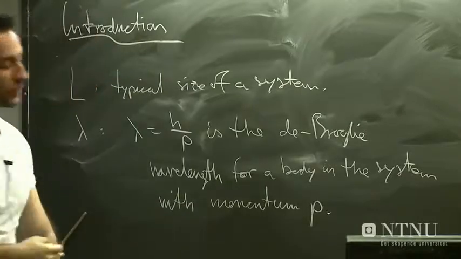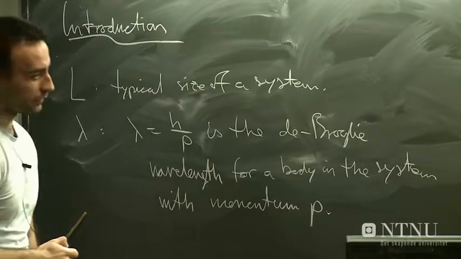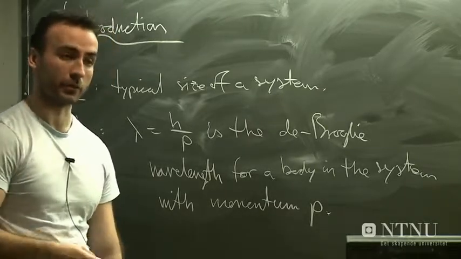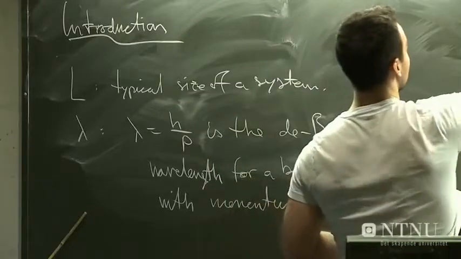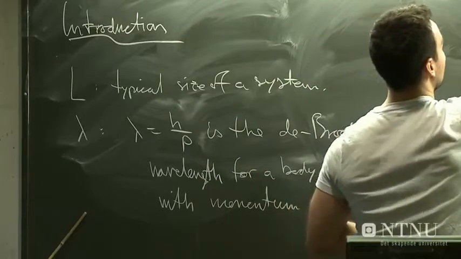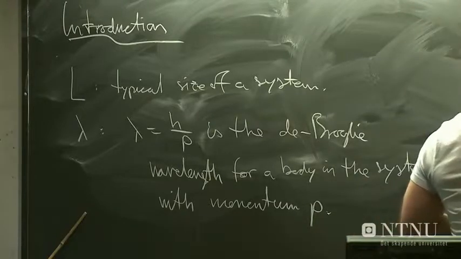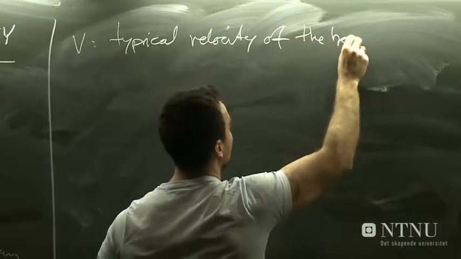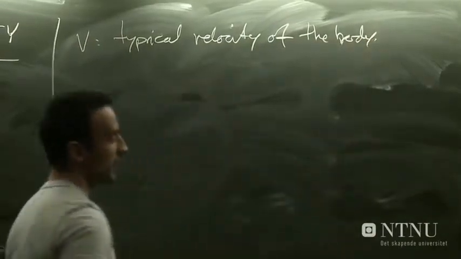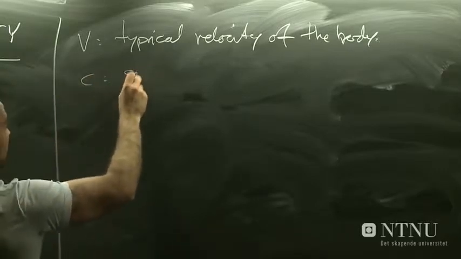Let lambda be the so-called de Broglie wavelength, which I'm guessing you have heard of before if you've taken some elementary quantum mechanics courses. And let V be the typical velocity associated with the bodies in the system, and c is the speed of light.